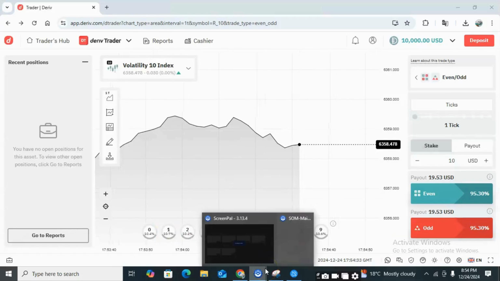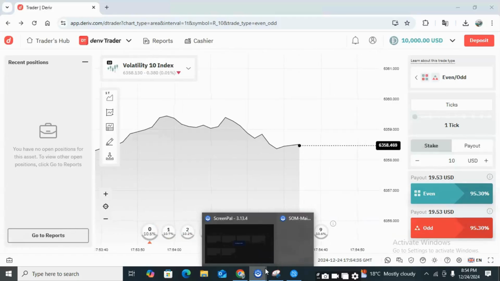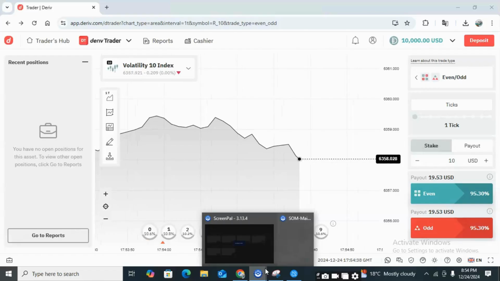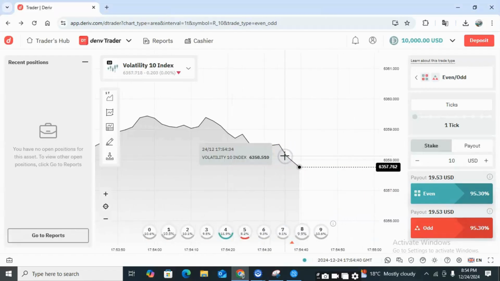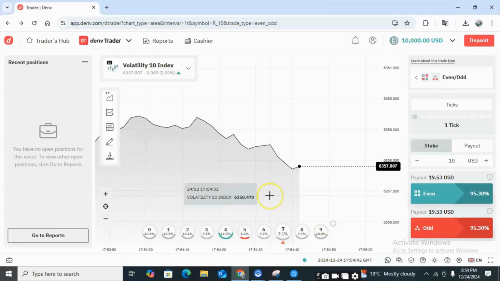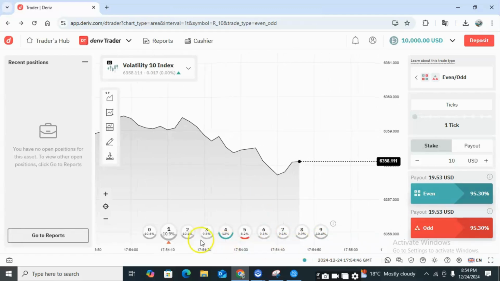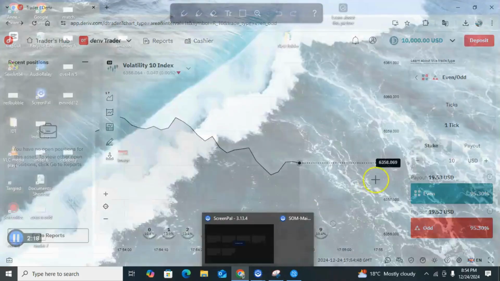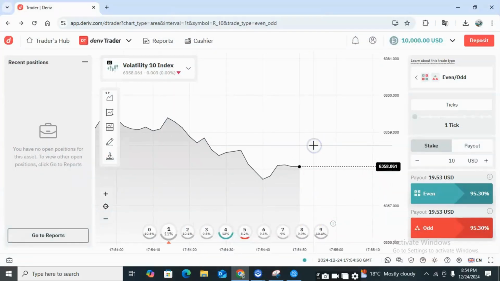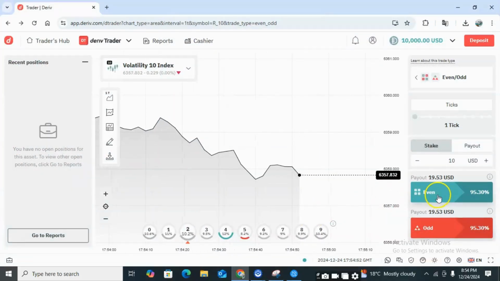For the entry point, we are going to wait for the cursor to touch odd numbers 3 times, and then we enter our even market. So let's look at that. We wait for the cursor to touch 1. Okay, 1.